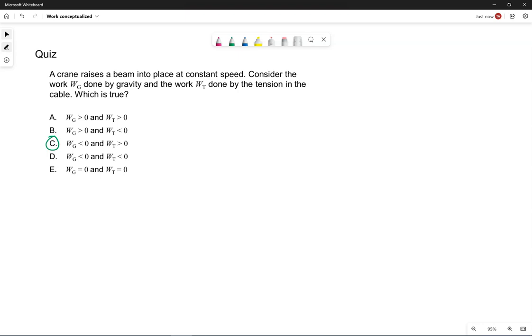So we know the crane is raising the beam, meaning delta S is a positive delta Y. It's going upwards. When we talk about the work done by a force, same equation, F dot delta S, or F delta S cosine theta.